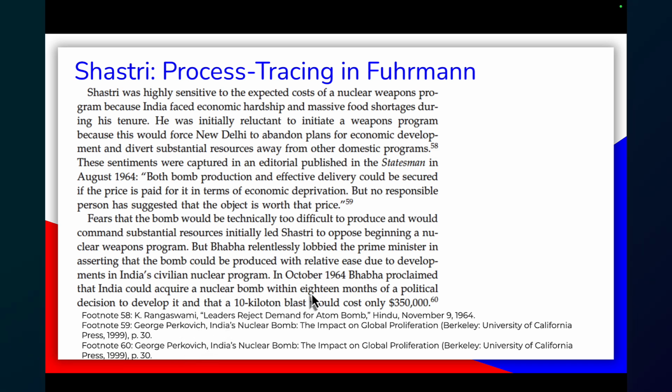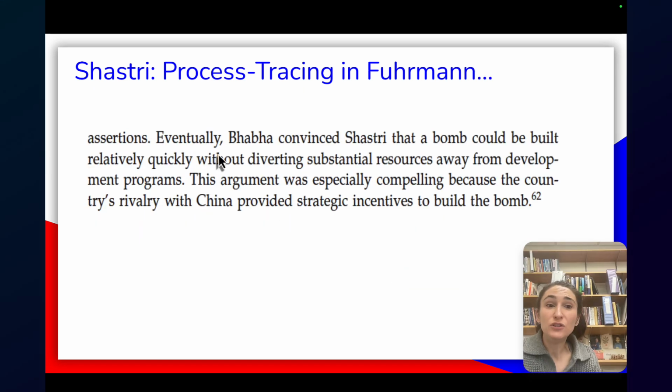But Baba is successfully lobbying Shastri. In October 1964, Baba proclaimed that India could acquire a nuclear bomb within 18 months of a political decision to develop it, and that a 10 kiloton blast would cost only $350,000. Okay, so in other words, Baba's like, don't worry, it's not going to be that much because we've already developed some of these skills and capacities. Ultimately, Baba convinced Shastri that a bomb could be built relatively quickly without diverting substantial resources away from development programs.